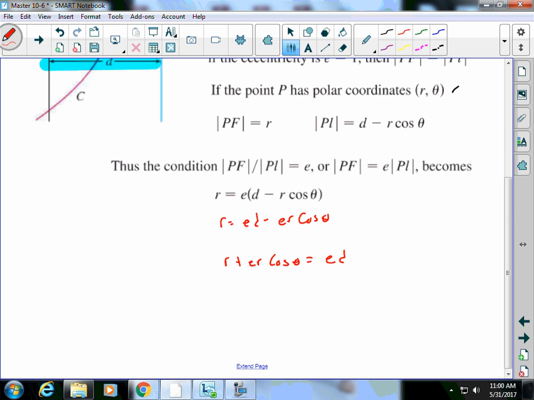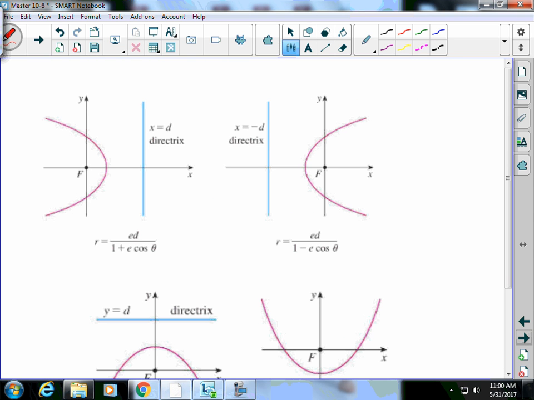And then I can factor out my r: r times (1 plus e cosine theta) is equal to e d. And then I can divide through and say r is equal to e d over 1 plus e cosine theta, which is the general formula, where e is my eccentricity and d is my directrix. And so let's look at this.